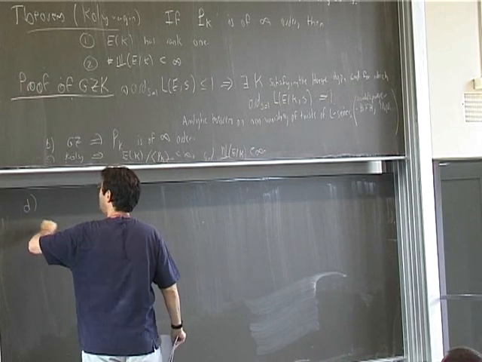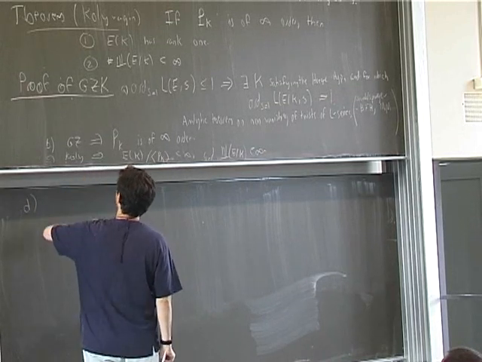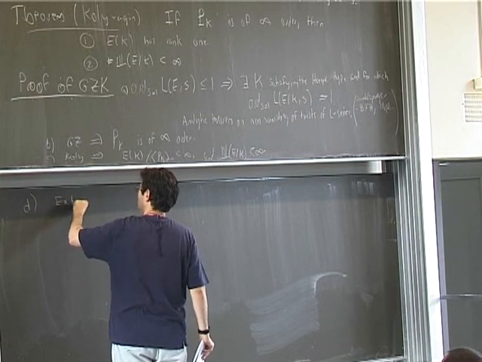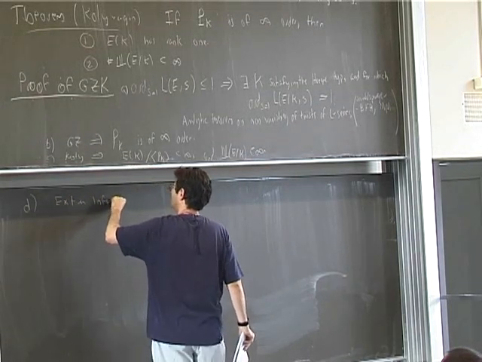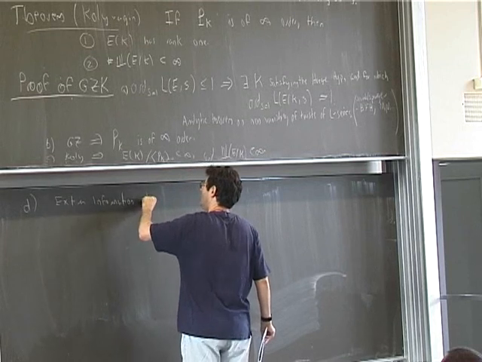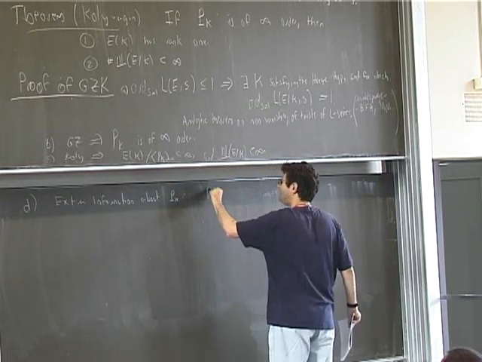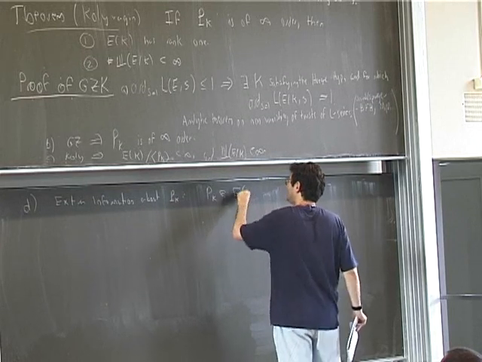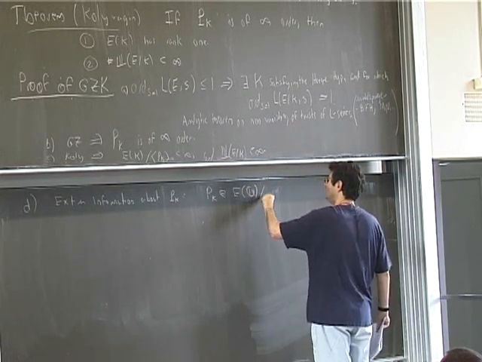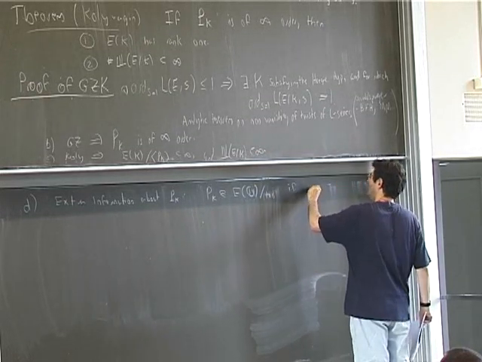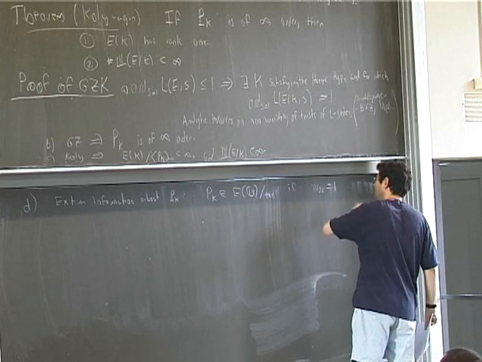And then, finally, we need a little bit of extra information about this point P_K. And that extra information is that P_K belongs, in fact, to E of Q modulo torsion, up to torsion, if W_N is 1.